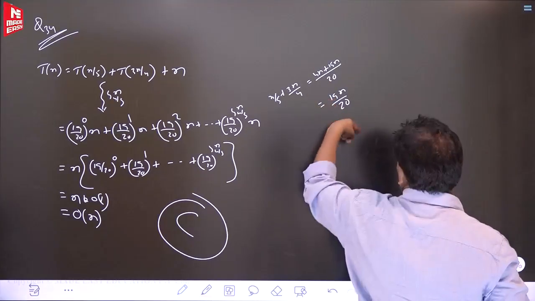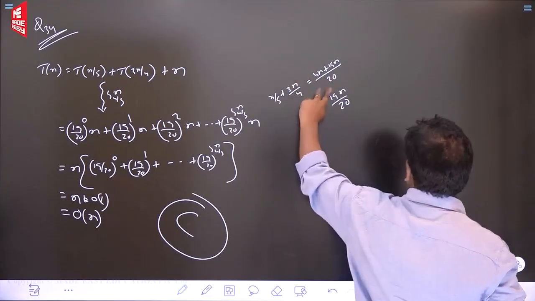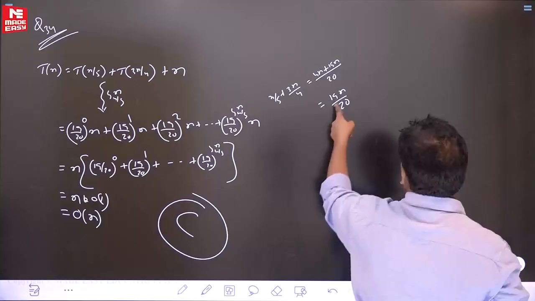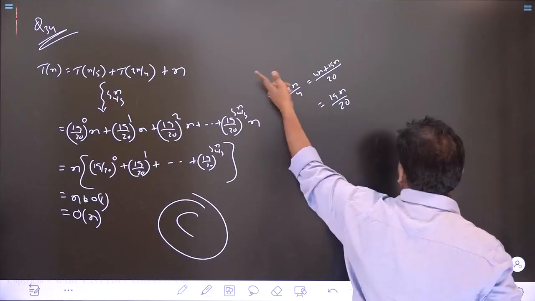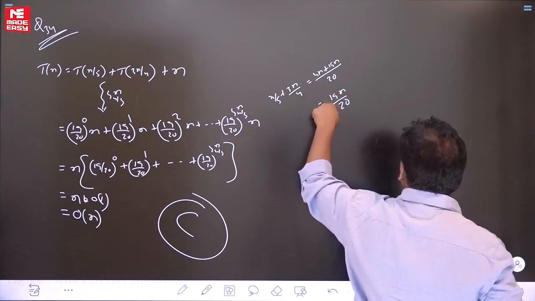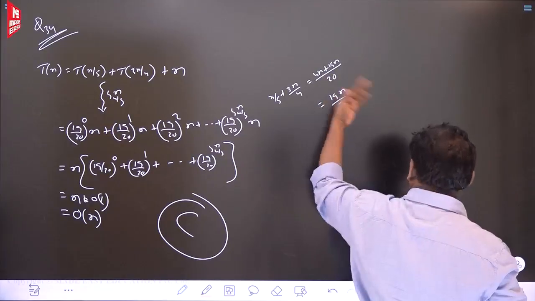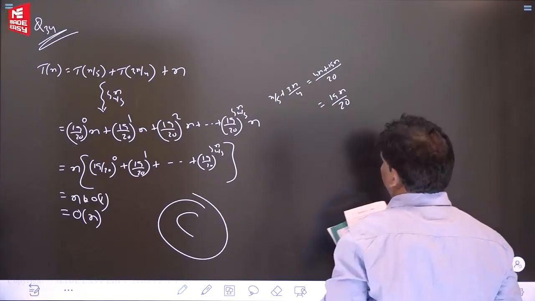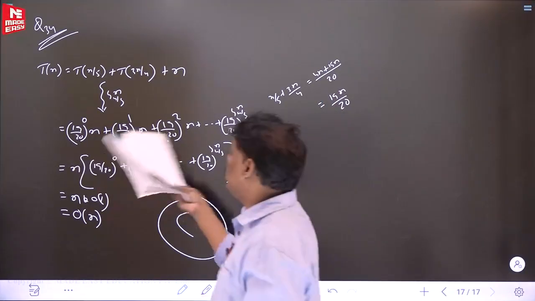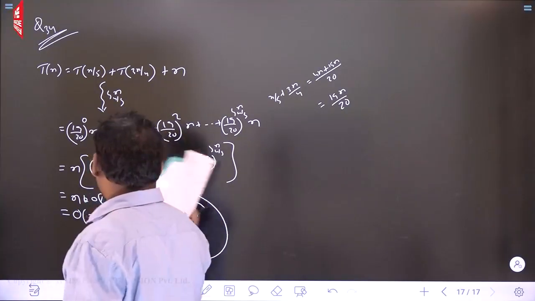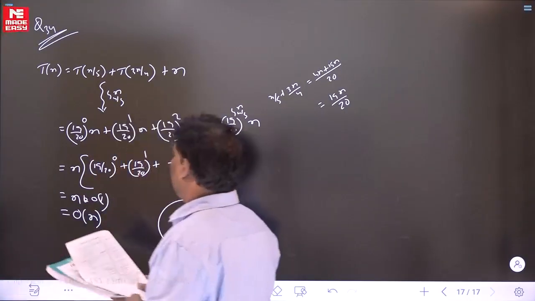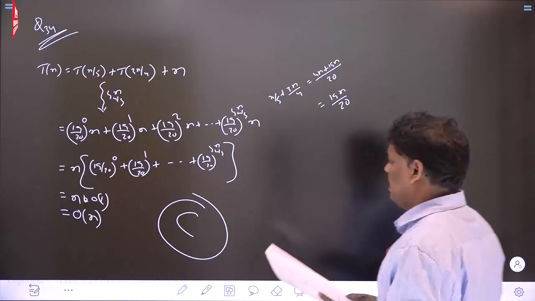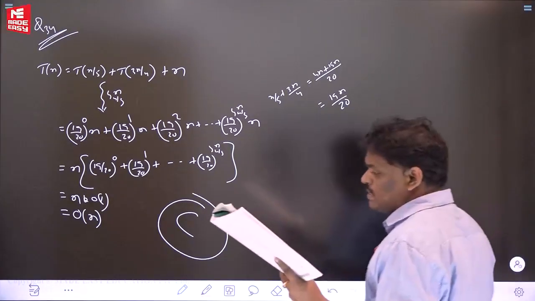You know very well, whenever first level and second level differ, a series comes. Which series? 19n by 20: 19 by 20 whole power 0 n, next 19 by 20 whole square n. Like that a GP series going up. But it is a decreasing GP series. Total sum is 1. Finally n. 34 answer is n, which is C.